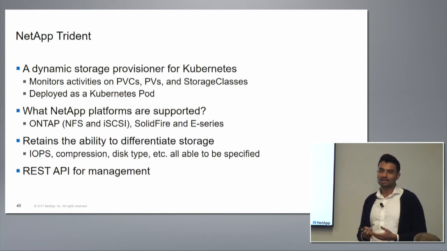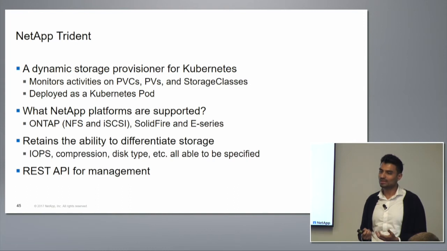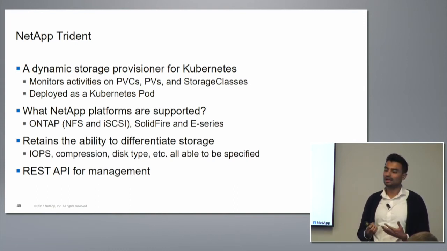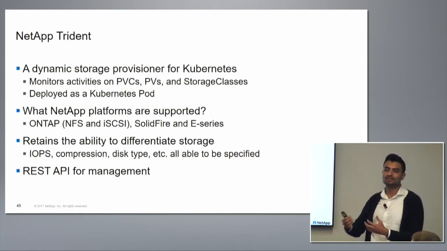So here I would like to introduce what NetApp Trident does and what it actually provides. NetApp Trident is a provisioner within Kubernetes, and it will monitor PVCs and storage classes, and help you define storage classes within the environment. Once you do that, it will talk to the storage systems and provision storage for you. So that's the basic functionality that it provides.